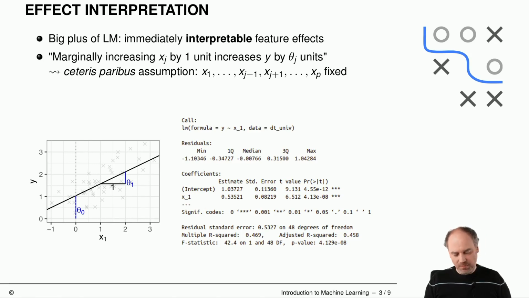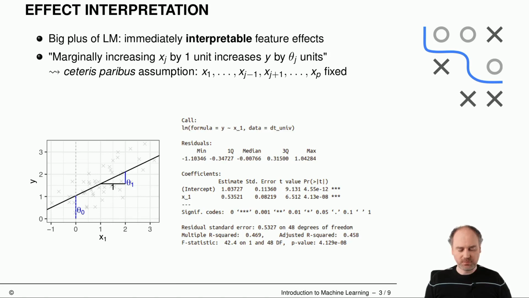A few comments on why the linear model is so popular in applications where we care a lot about interpretability. The feature effects of the linear model are immediately interpretable because of its linear structure.